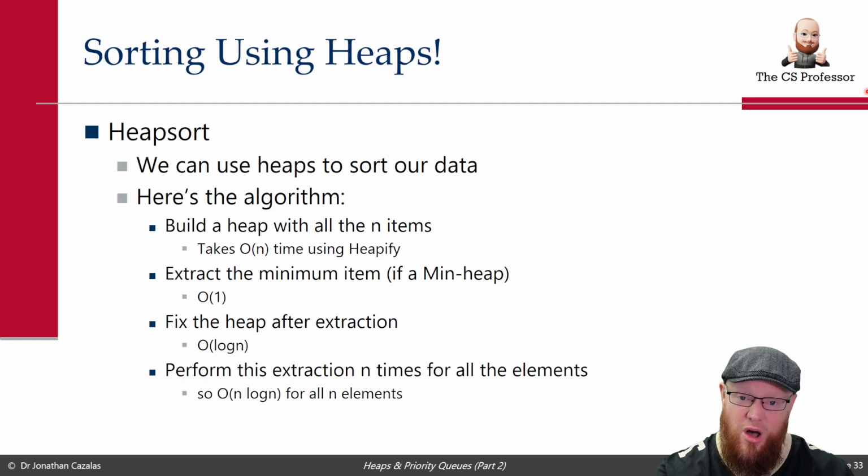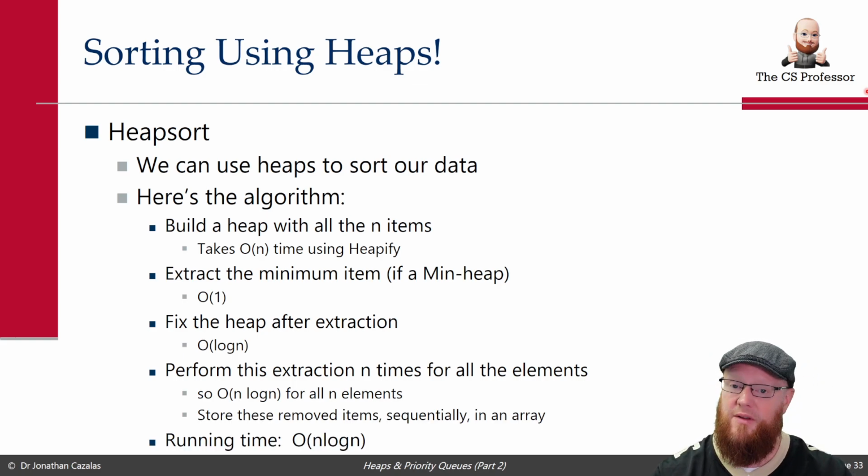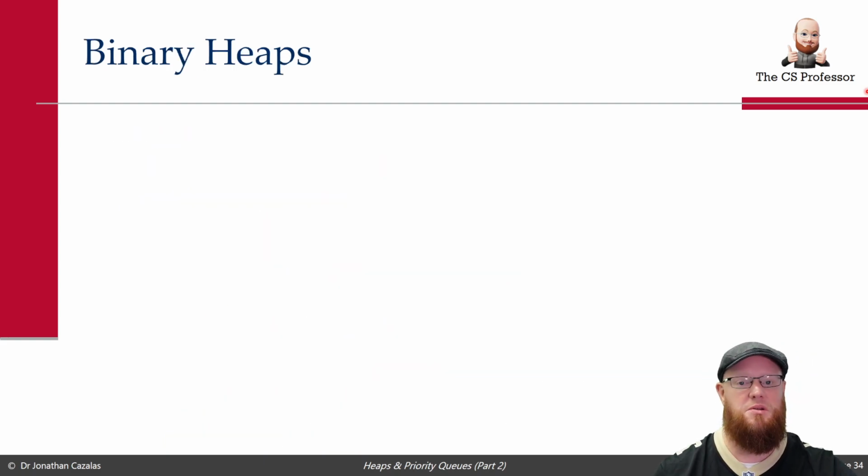So we have log n to fix one deletion, and we delete from our heap n times, so the total running time to delete n elements from a heap is n log n. What was the cost of building the heap? n. So we get O of n plus O of n log n, with a final running time of O of n log n.